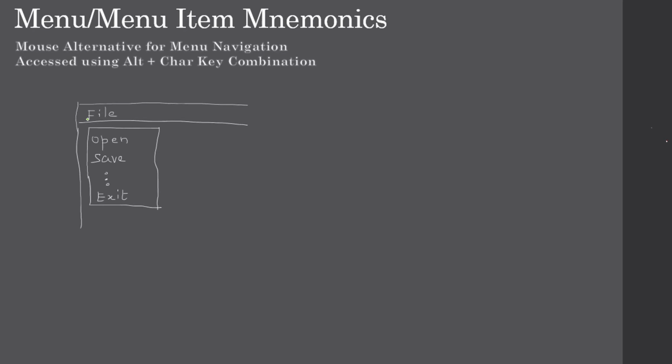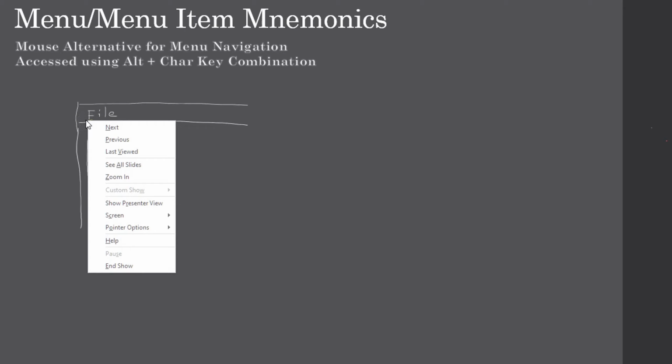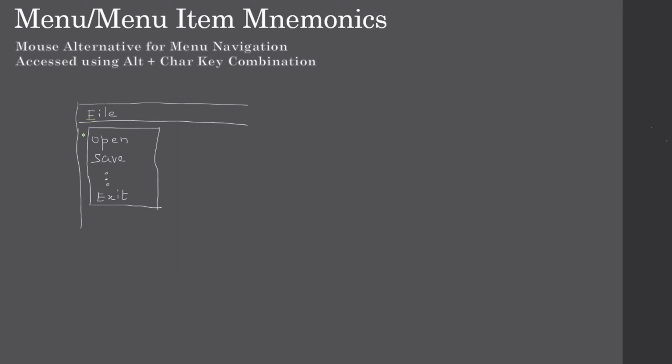So once you add a mnemonic for the file menu, and let us say the mnemonic is F, then there will be an underscore or a line below the character F. Similarly, if we add a mnemonic X for exit, a line will appear below this X. So here the mnemonic for the file menu is F, and the mnemonic for the exit menu item is X.